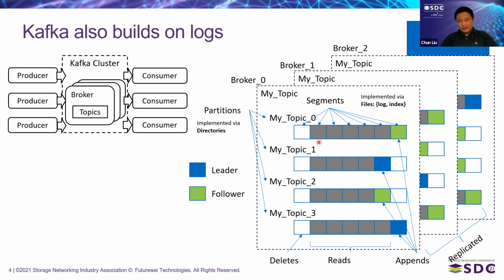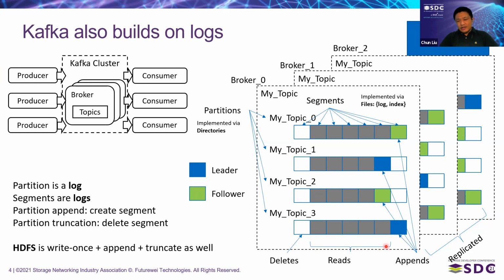For each partition, Kafka will only append at the end of the last segment. Once the oldest segment is no longer needed, it will be deleted by the system. Anything in between is ready for consumption.